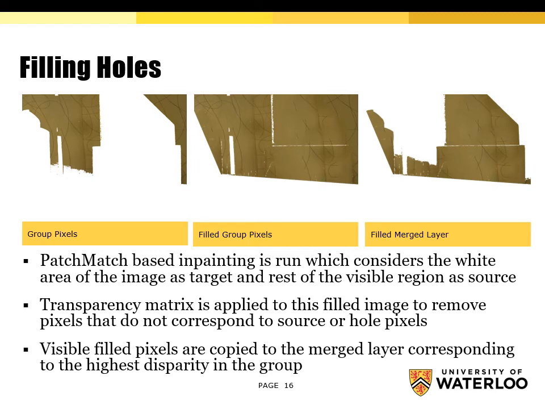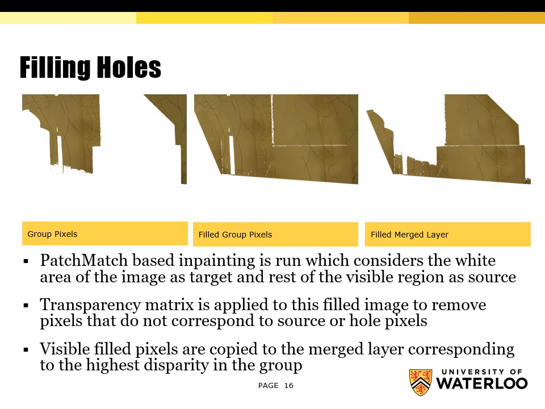But now we know that the white region not only belongs to the holes, but also belongs to the area that's outside the convex hull. Hence we use the transparency matrix that we created in the previous slide to cut off the extra region, and the second image depicts only the region that belongs to the source image and to the filled image.